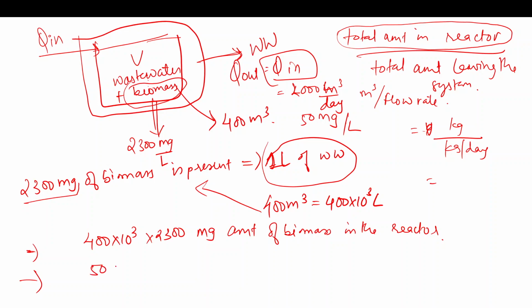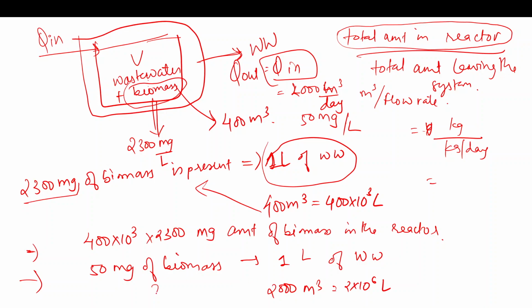So if 50 milligram of biomass is present in 1 liter of treated wastewater, then for 2000 meter cube, or 2 into 10 to the power 6 liter of water, what will be the biomass? It is nothing but 50 into 2000 meter cube, right?